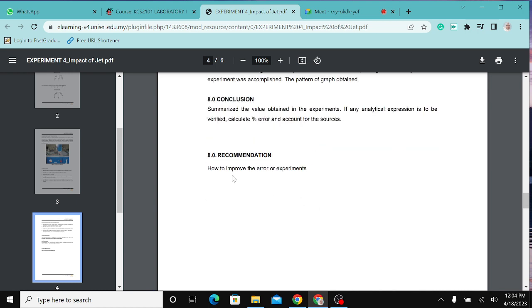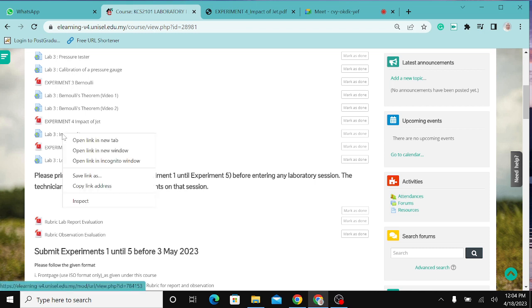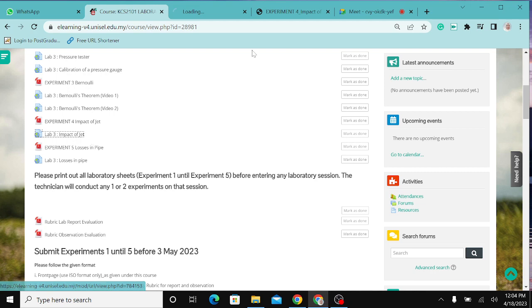Then as usual, put some suggestions to improve so that the experiment will get better results. Okay, so madam will play the video for experiment impact of jet.